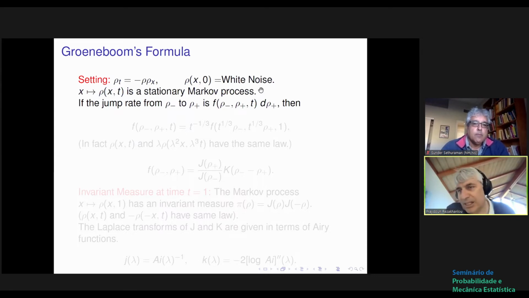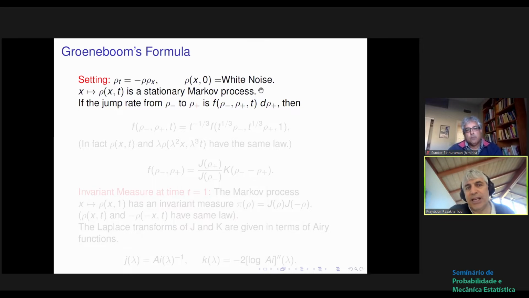This Markov process, as we discussed before, is piecewise linear. So between jumps, the evolution is deterministic. You have a drift. The drift is very simple. It's constant. The constant is 1 over t. However, occasionally you make a jump, going from rho minus to rho plus.